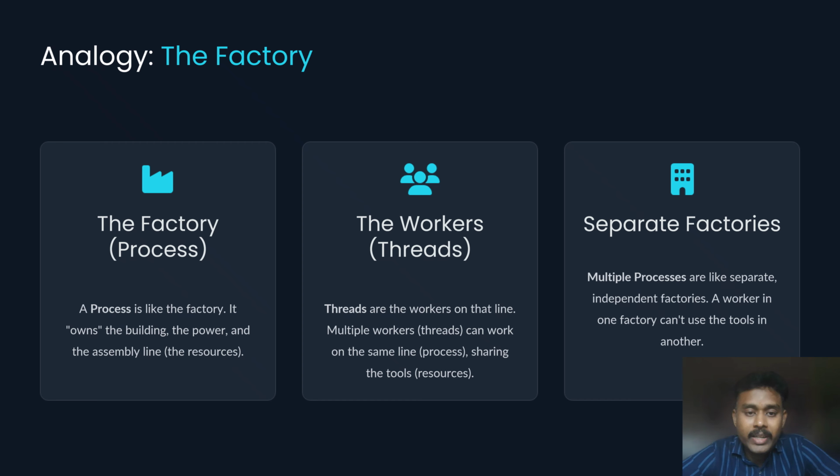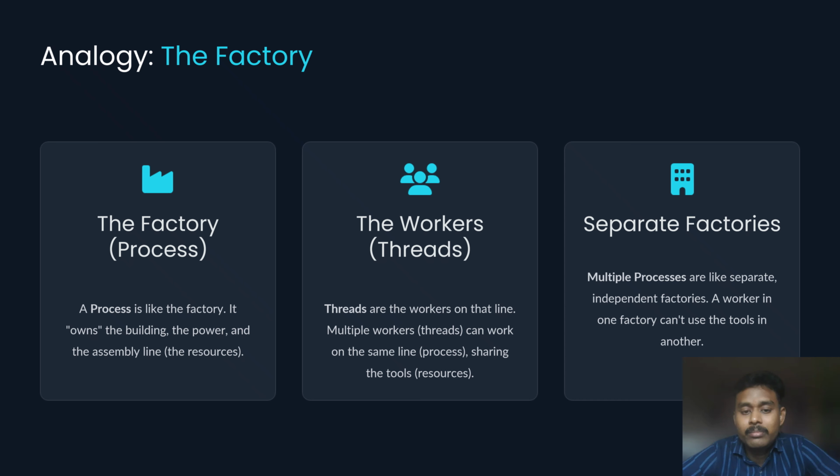Based upon an example, here I am referring to a process as a factory. A factory will have its own building. It will have the power to run. It will have the assembly line to perform certain operations. And a thread is equivalent to a worker working in the factory.